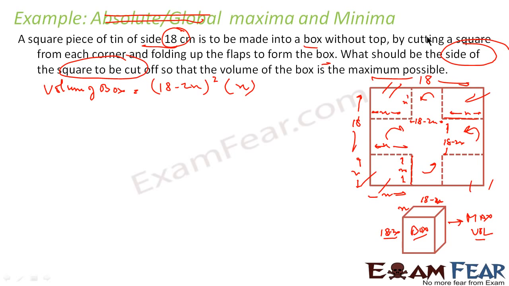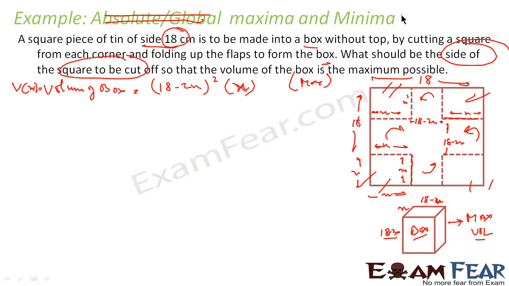The question says the volume of the box has to be maximum, so we have to find the value of x for which this function is maximum. Because this is nothing but a function, let's suppose this is a function V(x). Now it's a very simple question.